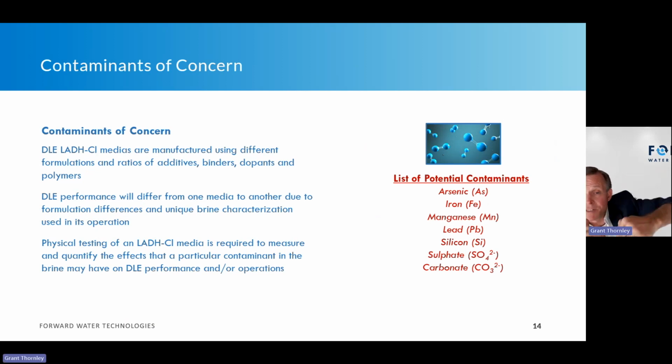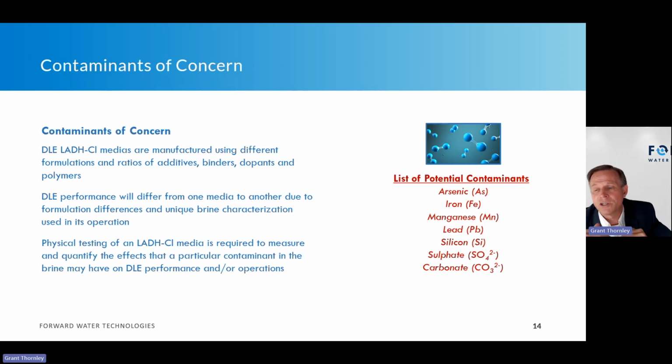Understanding that lithium comes into the voids and chlorine comes into the voids, and we talked about size exclusion. Well, lo and behold, some ions are 0.6 angstrom and can fit in those holes. And there are other contaminants that can chemically react or cause disruption within the LDH structure. Some of those common or potential contaminants of concern, because remember that every DLE media is manufactured differently.